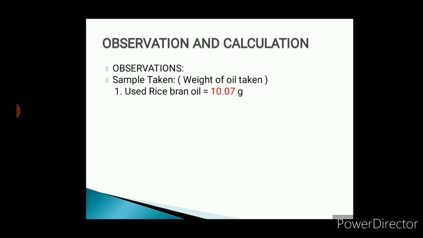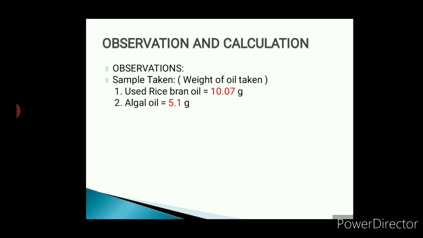One is used rice bran oil, or already cooked rice bran oil. Several times the oil has been used for cooking purposes, then it is called waste cooking oil. Its acid value I have determined, for which I have taken 10.07 gram of oil for the analysis. Then the second sample is fresh algal oil, which is 5.1 gram.